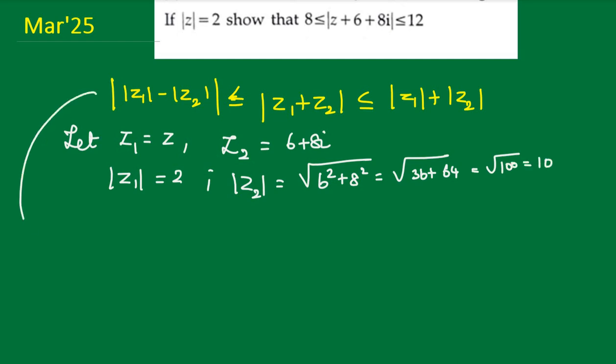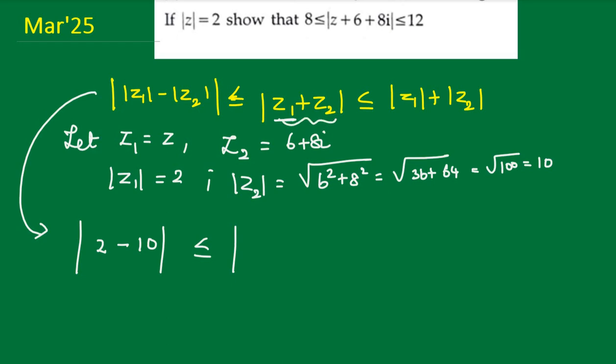Now using this property, we get whole modulus of z1, that is 2, minus modulus of z2, which is 10, less than or equal to modulus of z1 plus z2.